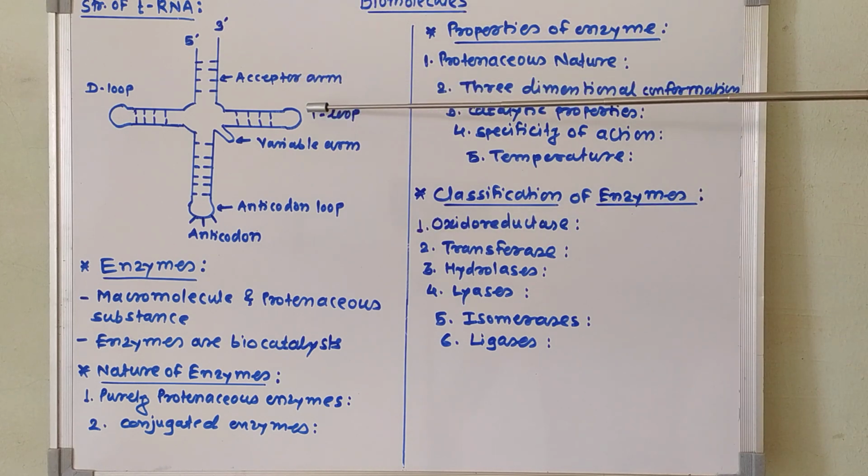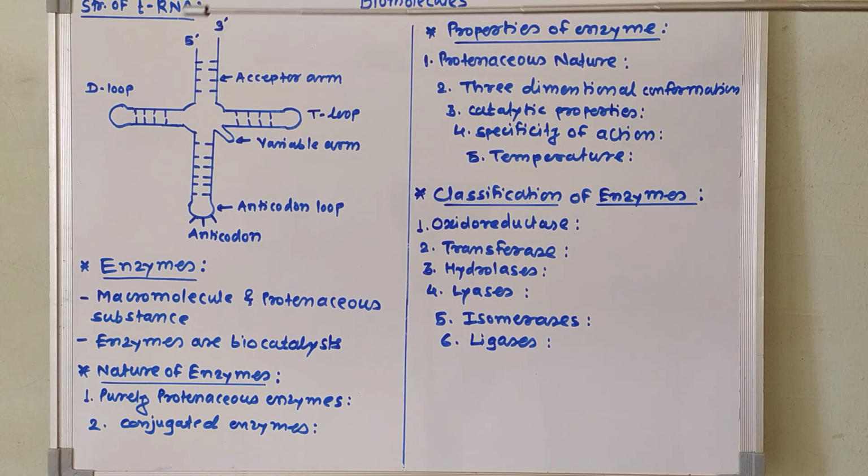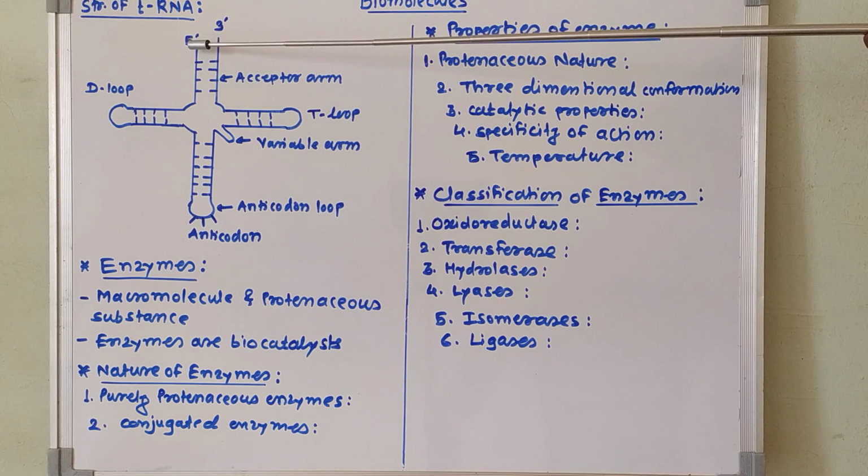Then this arm is called the T loop or T psi arm, and this arm is called the acceptor arm. At the end of the acceptor arm, there is the 3' end, and here is also the 5' end.